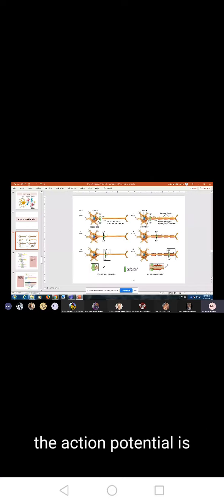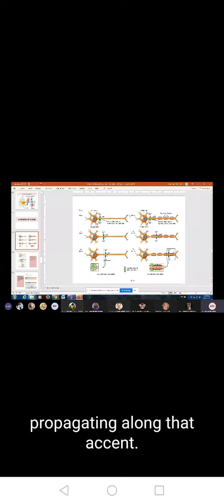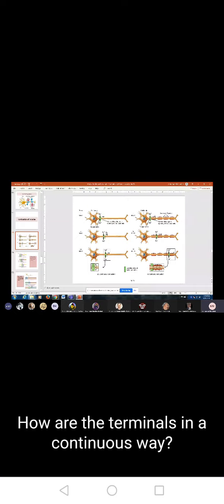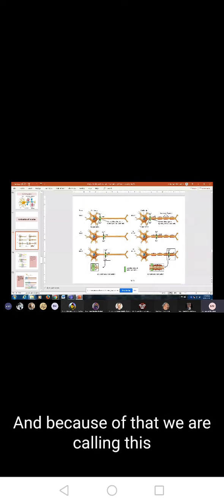If you are looking in series, the action potential is propagating along that axon toward the terminals in a continuous way. Because of that, we call this type of conduction continuous conduction.